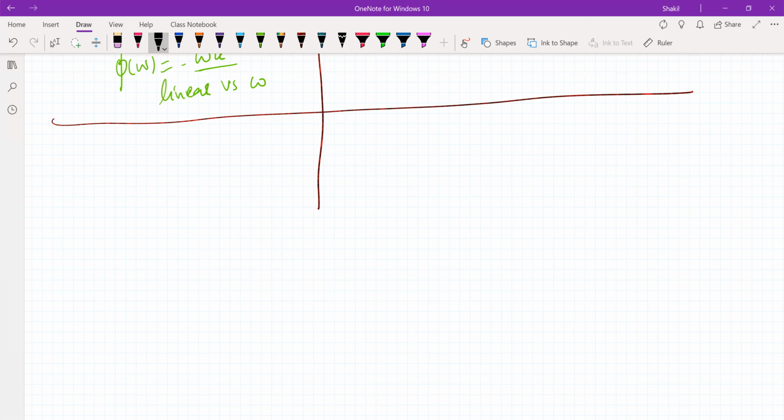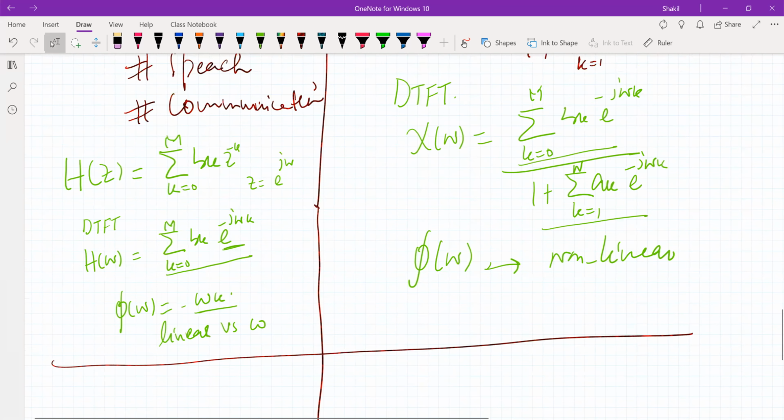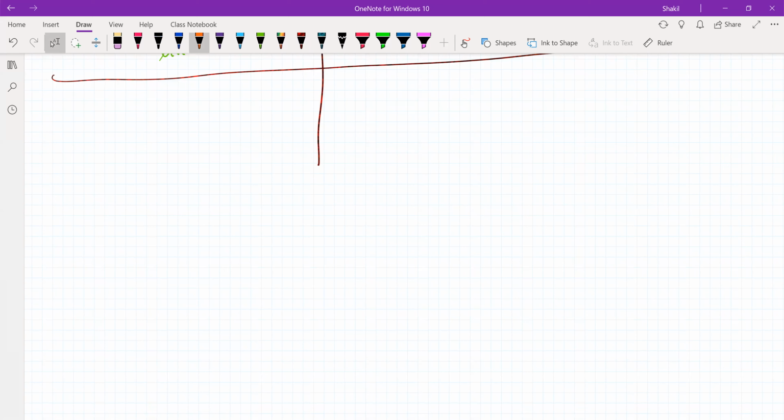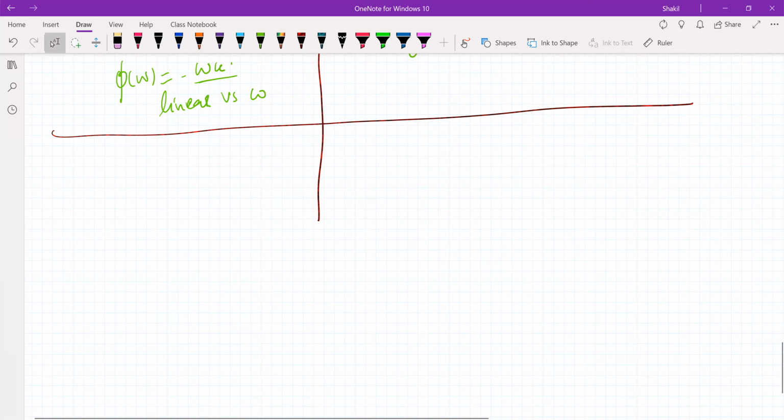So this is the advantage of the FIR system. This is very, very important. Now the other advantage, of IIR systems, is this.